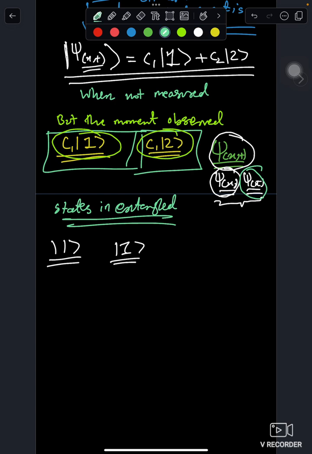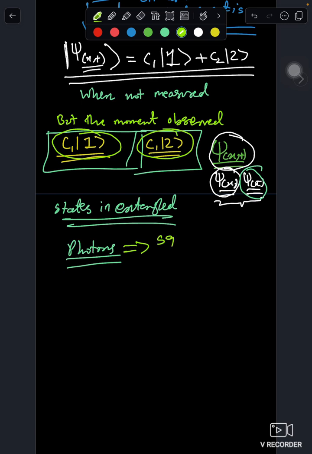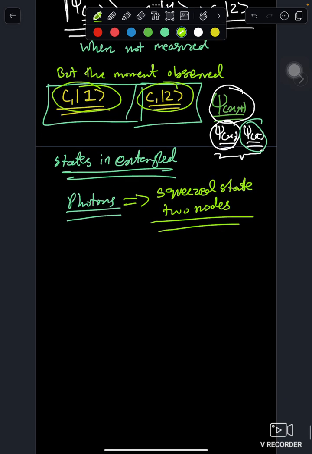We can say that when you squeeze two particles or two photons, they will have a two-mode squeezed state. When you squeeze these two particles in a two-mode system, they will entangle with each other. They will have an entangled connection.